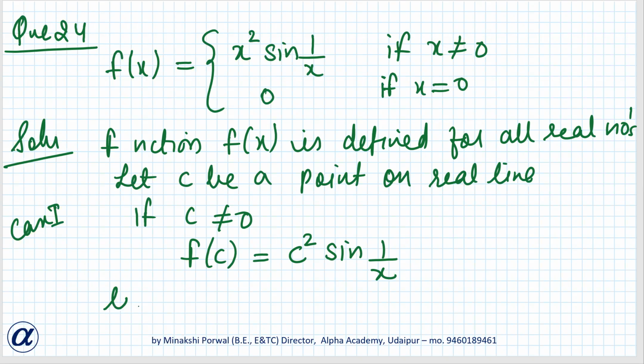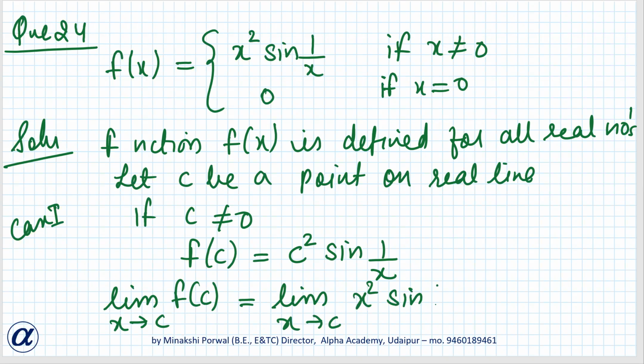And limit x tends to C f(x) will be equal to limit x tends to C x squared sine of 1 by x. This will be equal to C squared sine 1 by C. So limit x tends to C f(x) equals f(C).